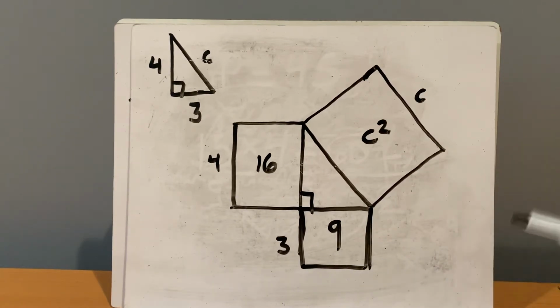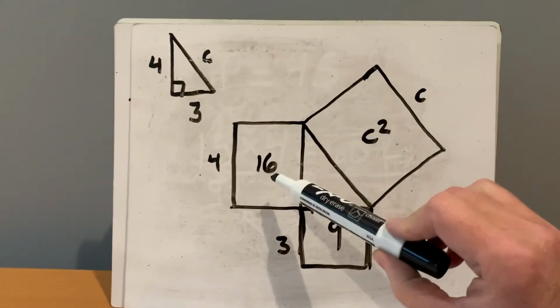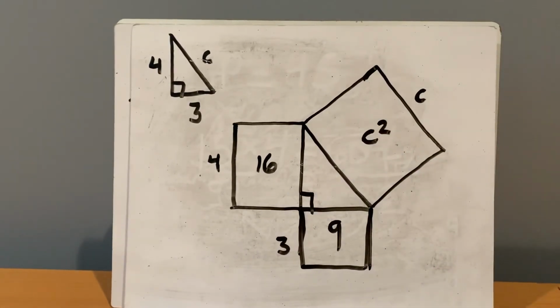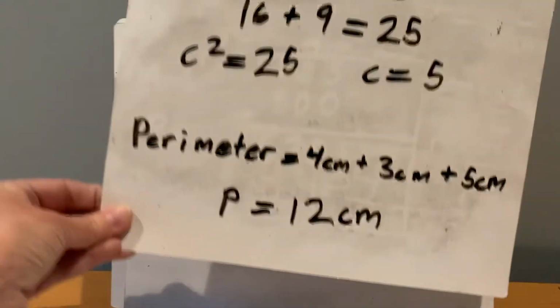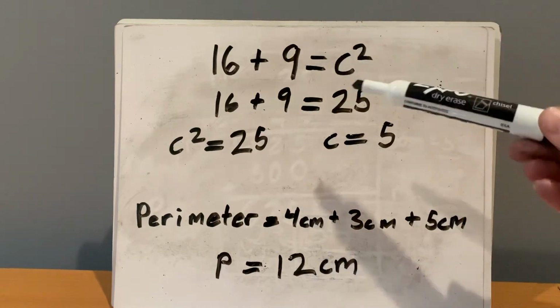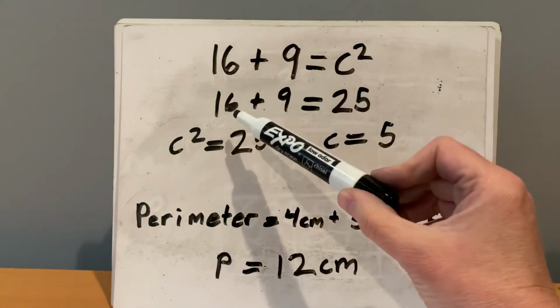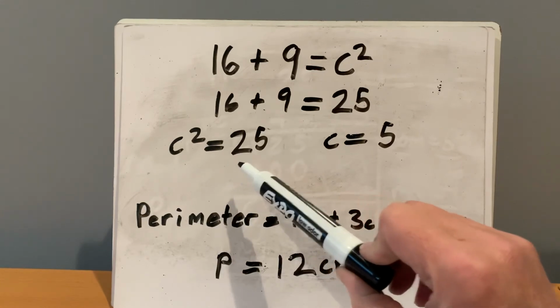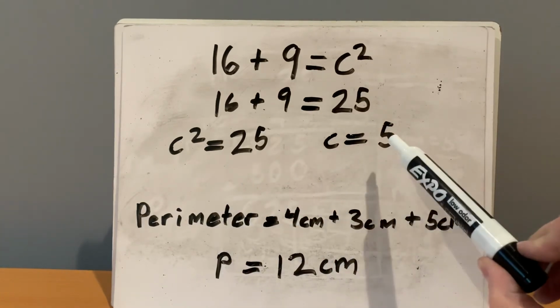And using the Pythagorean theorem, we know that the sum of these two squares will equal this square. So we have 16 plus 9 equals C squared. So 16 plus 9 equals 25. C squared equals 25. C equals 5.